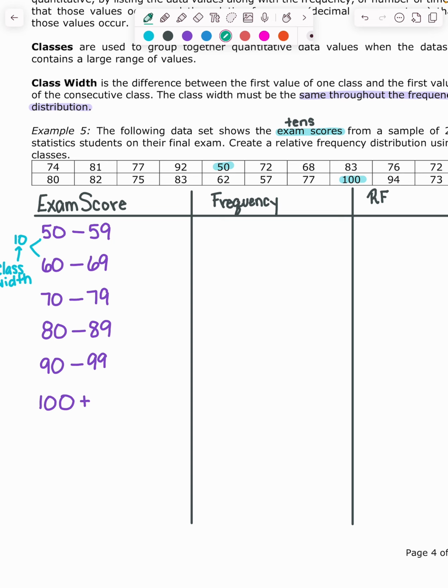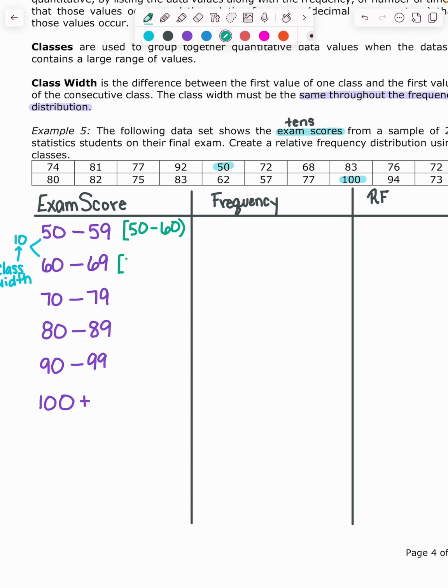So this first row, instead of doing 50 to 59, what I could have done is a hard bracket 50 to 60, and then done a parenthesis next to it. This reads the same way. This says I'm going to include 50, and I'm going to go all the way up to 60, but I'm not going to include 60. And this is actually going to become really important when we move on to the visualization.